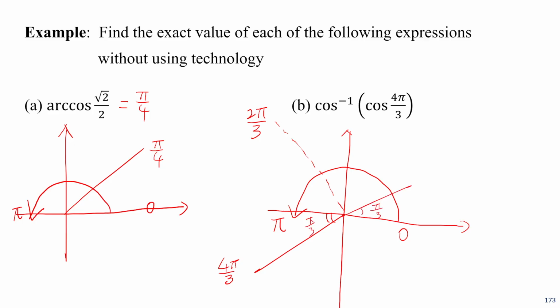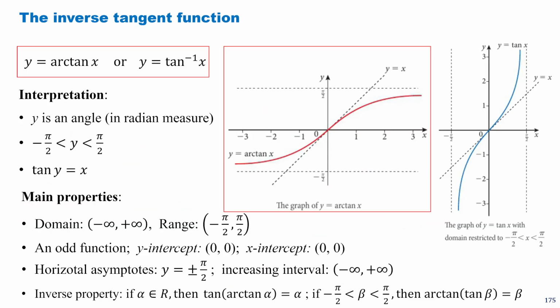So of course, this angle is pi minus the third pi, which is 2 pi over 3, right? Alright, if you don't have any questions, let's have a look at the next one, which is inverse tangent.